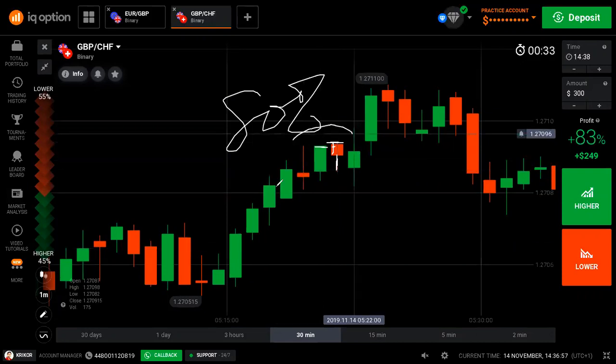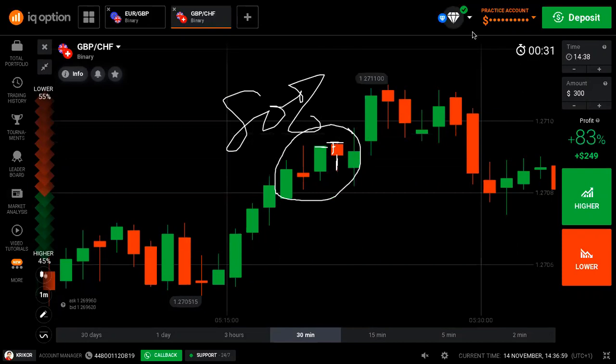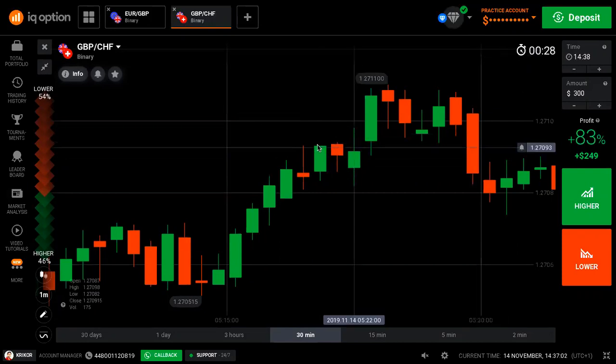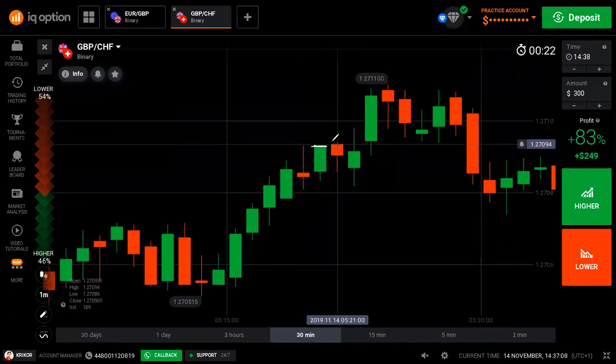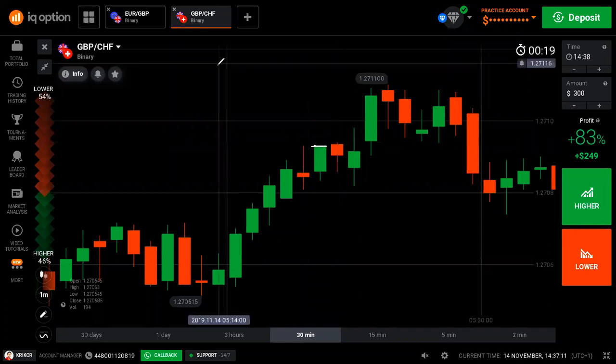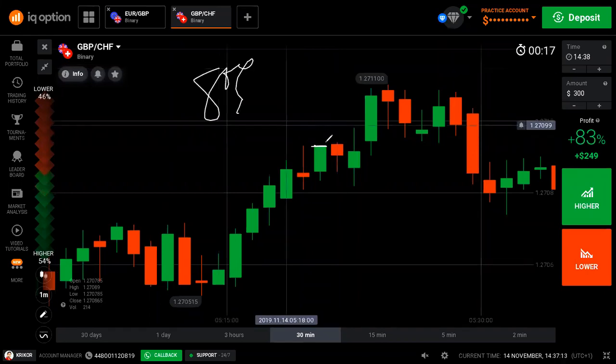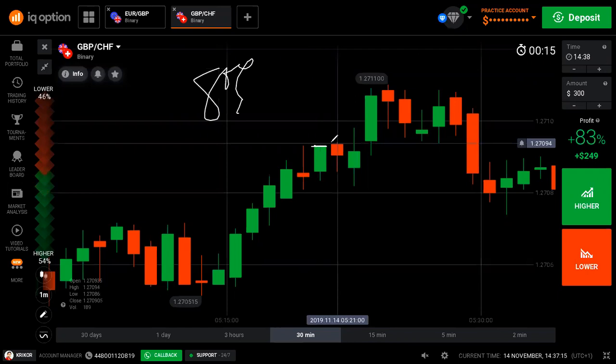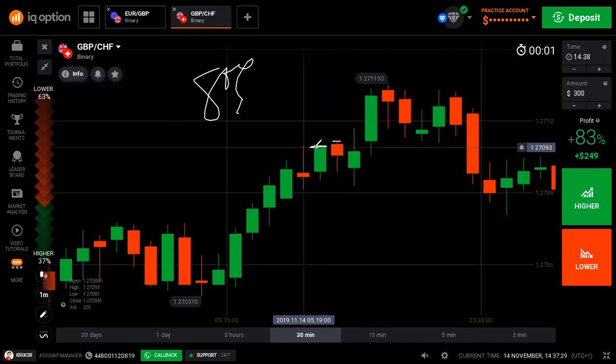Did you understand this explanation here? I will say it again. When you see a momentum candle in a normal trend, wait for the next candle to form. 80% of the time, that next candle is going to be a red candle. It can also be a green candle, but most times it's a red candle. But that red candle will give you a new high, higher than the momentum candle.